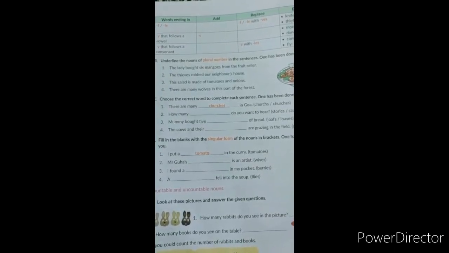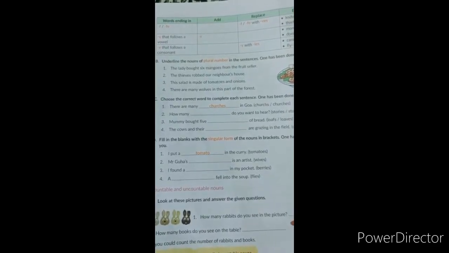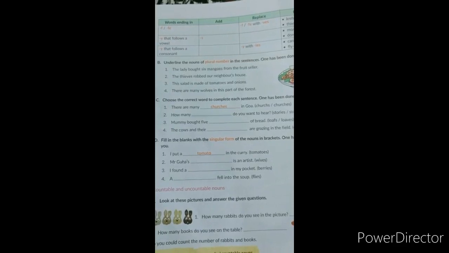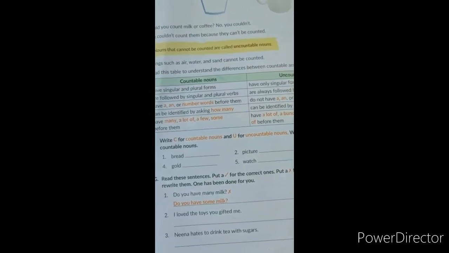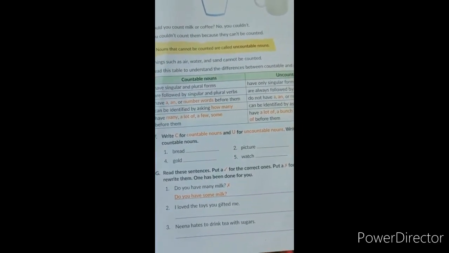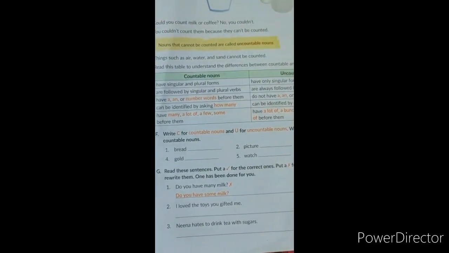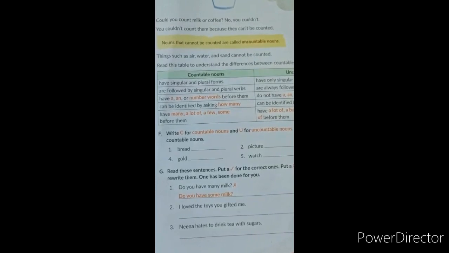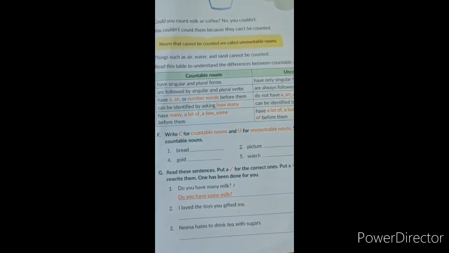And exercise D, you have to fill in the blanks with a singular form. And on page number 13, you will be doing exercise F, that is countable and uncountable nouns, and exercise G. You will be doing B, C, D, F and G in your English grammar book.